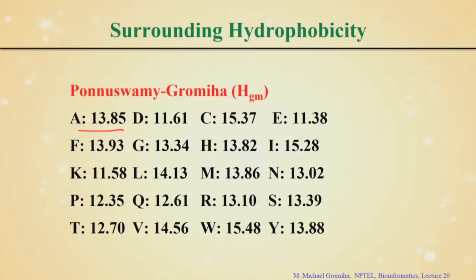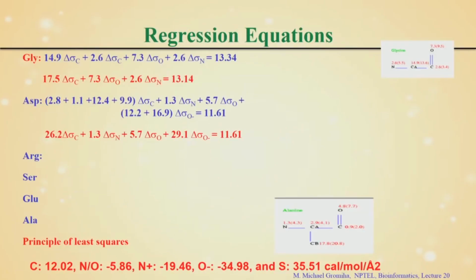So, if you make it into different groups, for example alanine, we can see this is the data for alanine: y axis is equal to 13.85, and on the left hand side you can see a combination of different sigma I. The different atoms in glycine and alanine are N, C alpha, C, O and C beta. Here N and O come together.